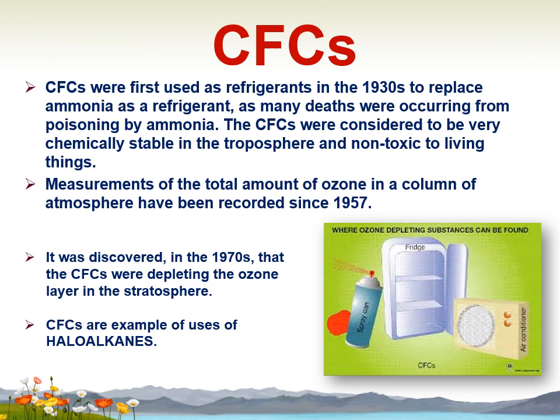It's just that CFCs were later discovered to be toxic to the environment because as they are released to the atmosphere, they will react with the ozone under the presence of UV light, i.e. sunlight. So these are some examples of usage for haloalkanes.